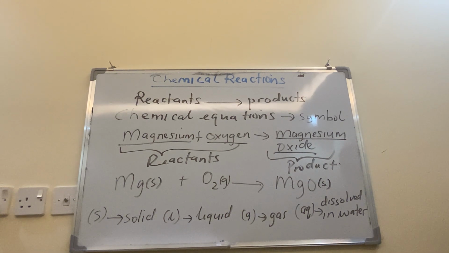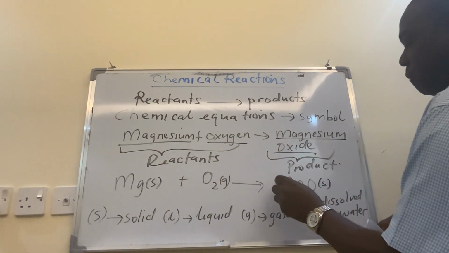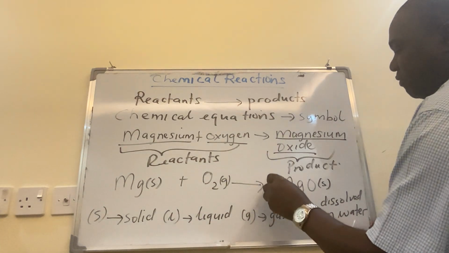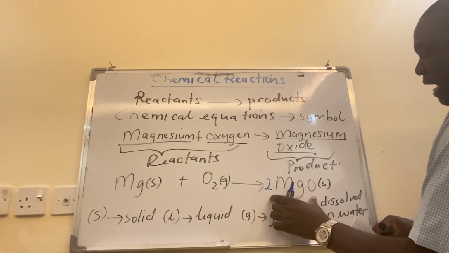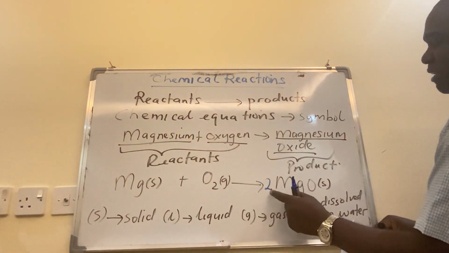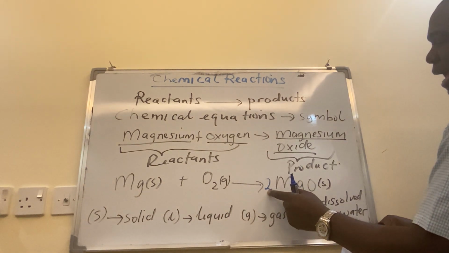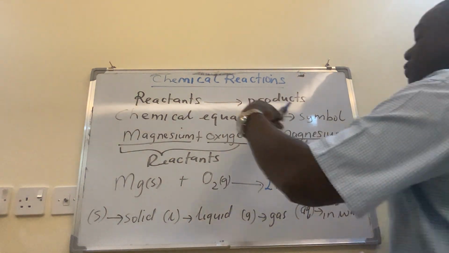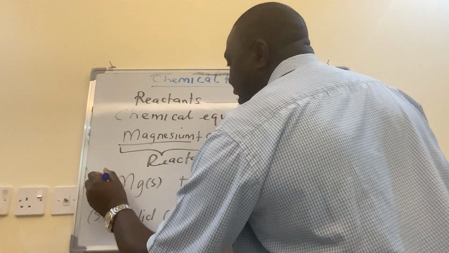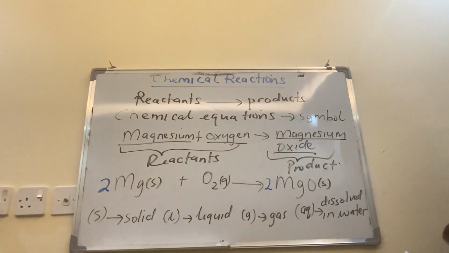To balance the number of oxygen, I put a coefficient 2 before MgO, so that I have 2 atoms of oxygen here and 2 atoms of oxygen there. But if I put a coefficient before MgO, I've also affected the Mg. So I have to go to this side of the equation and also put a 2 there.